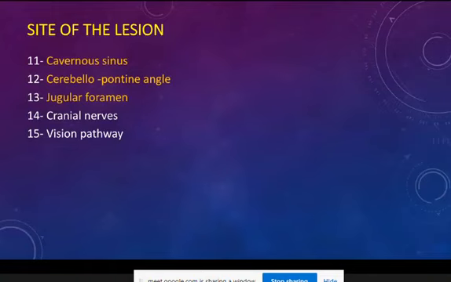The vision pathway is a long pathway and is liable to injury at different sites. Sometimes any lesion affecting the parietal lobe, the anterior part of the occipital lobe, optic chiasm, pituitary, can cause vision pathway pathology because of the long pathway. So you have to know how to localize a lesion in the vision pathway. We'll come to that inshallah in the future.